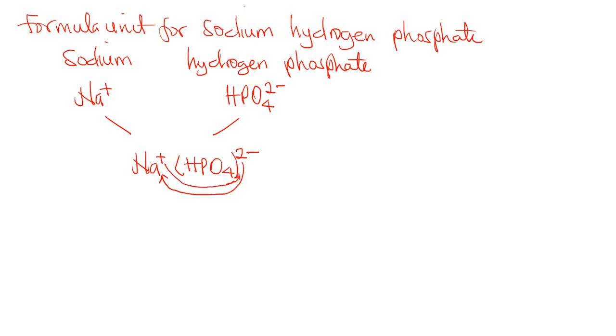Since you have 1 here, there is no need for this parentheses. So you are going to have Na2HPO4. That is sodium hydrogen phosphate. Let's look at another formula.